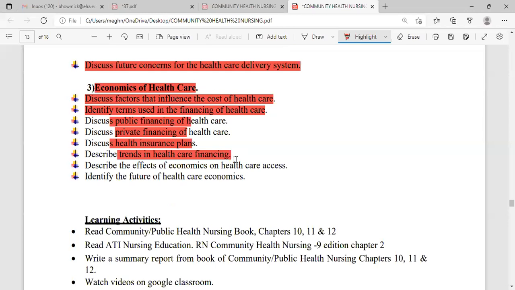So at least we need to know what the contents of Obamacare are, right? What are Medicaid and what is Medicare? In an emergency, if I do not have any health insurance, who can stand for it? Describe the effect of economics on healthcare access. Identify the future of healthcare economics.